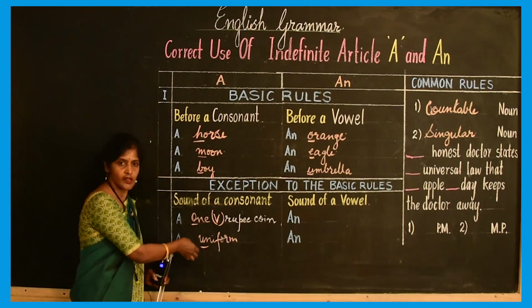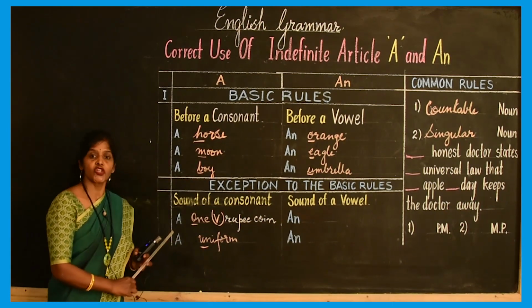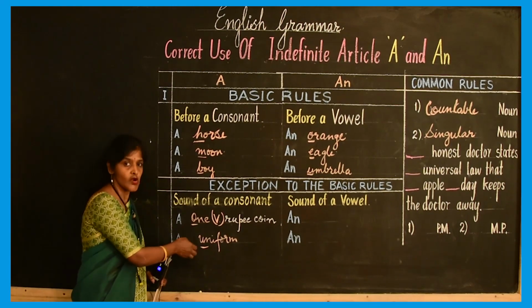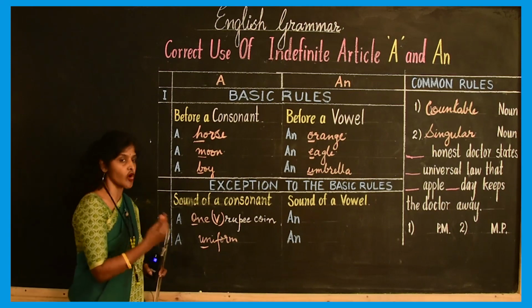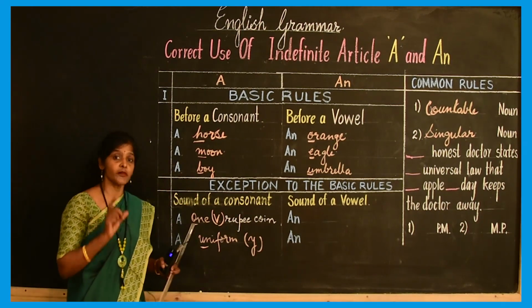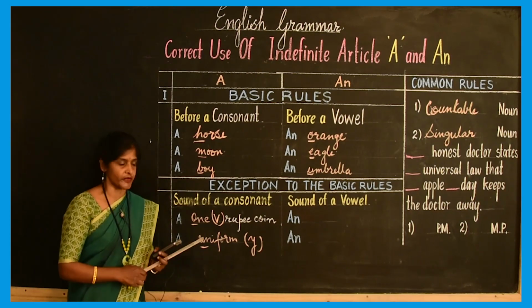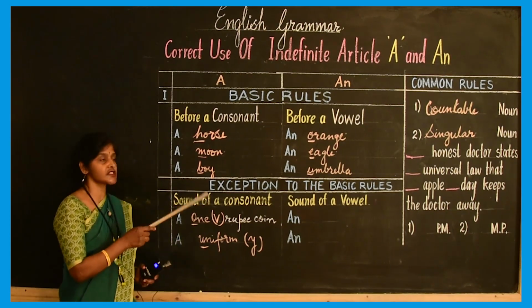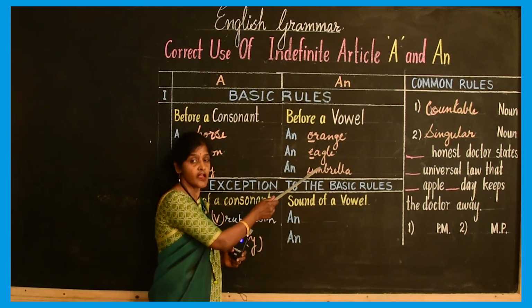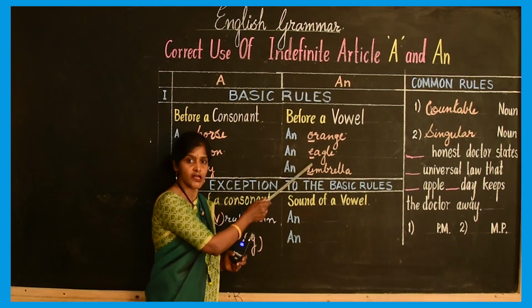Similarly, the next example is uniform. So here the vowel U sounds as if it's a consonant Y. Uniform, the yuh effect is more prominent, unlike the sound effect of U in the word umbrella, which sounds exactly like a vowel.